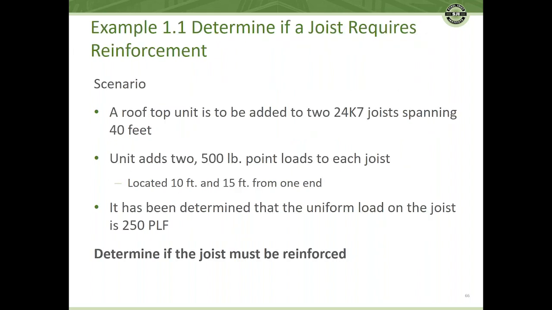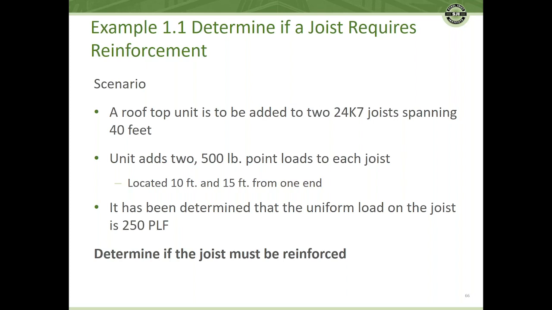So in the digest, there's an example 1.1 where we're going to go over fairly quickly. In this particular case, we've got a rooftop unit that was added to 2 24K7 joists spanning 40 feet. The unit adds 2 500-pound point loads to each joist, located at 10 foot and 15 foot from one end, and it's been determined that the uniform load of the joist is 250 PLF.